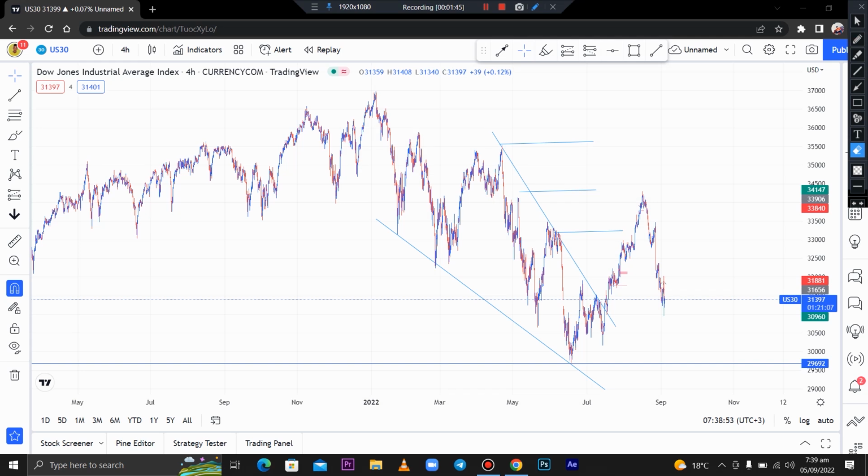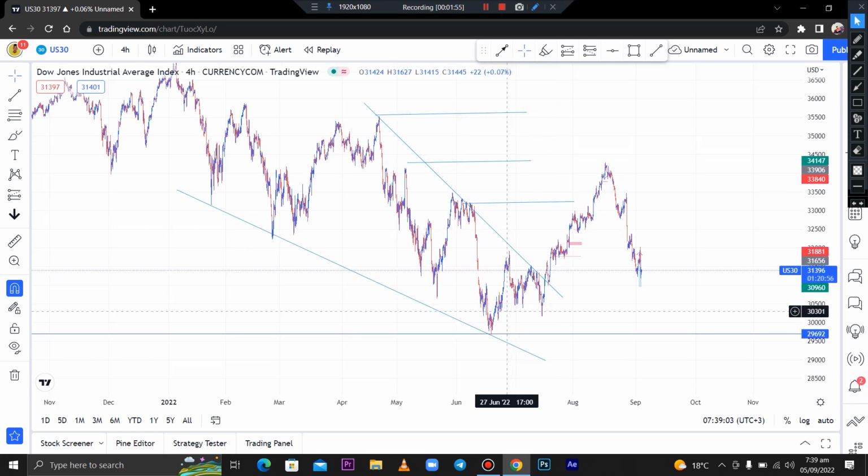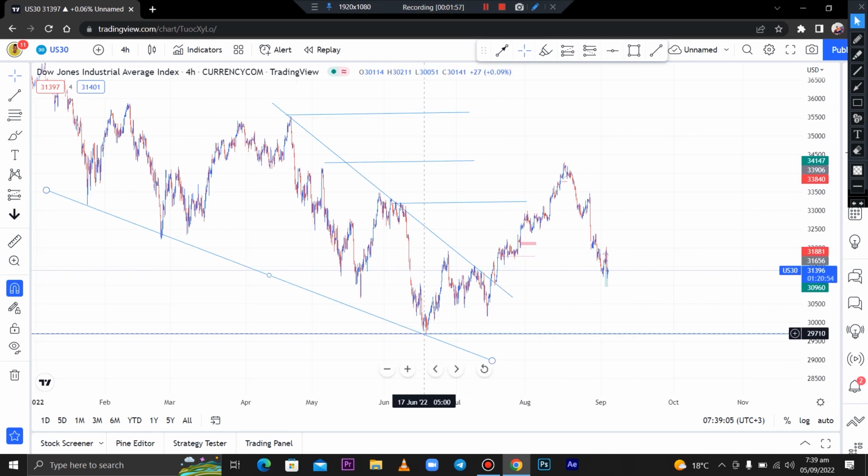So let's see now what happened exactly. Due to the fact that it's a downtrend, at this point I can see that we had a very good pullback up to this level here, and we bounced off from the trend line and pushed back up to here. So we pushed up to this trend line.